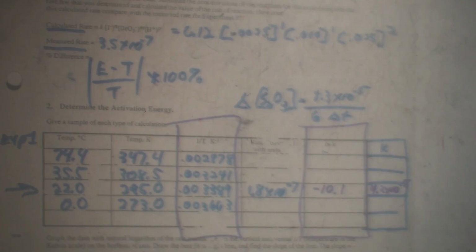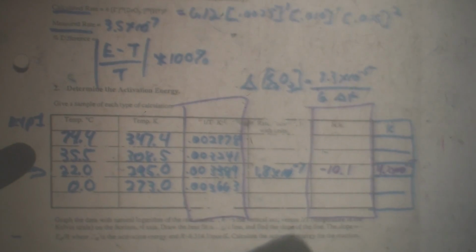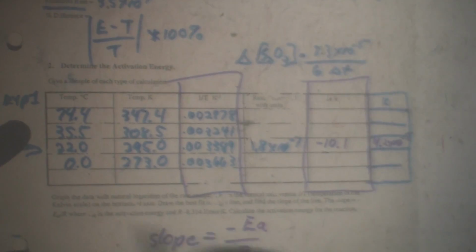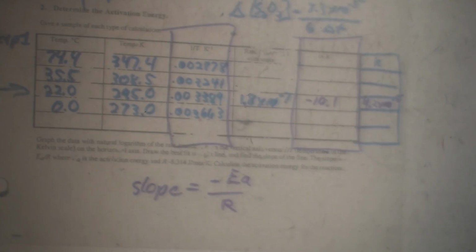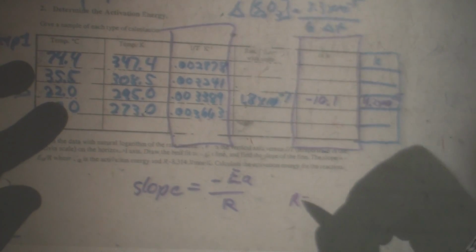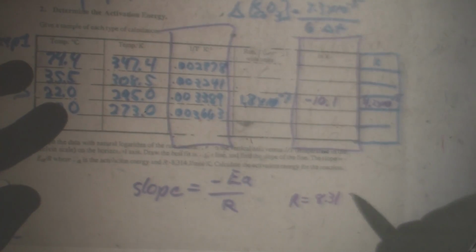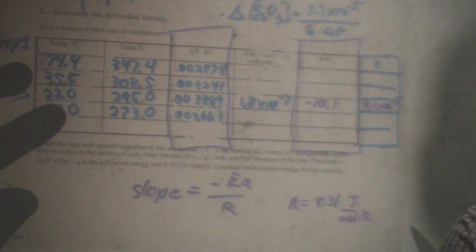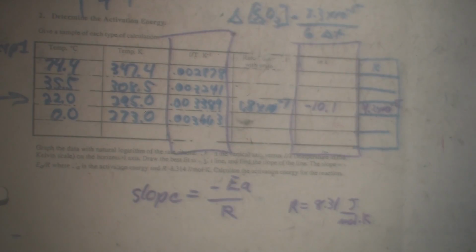But spoiler alert, the slope is going to be equal to negative Ea over R, where Ea is the activation energy. So once you find your slope, multiply it by R, and in this case, R is 8.31 joules per mole Kelvin, you'll be able to find the activation energy for this reaction. Thereby fulfilling your life and your dreams and your aspirations.